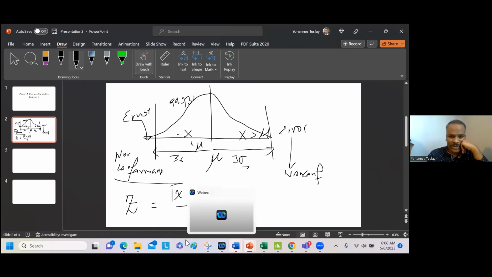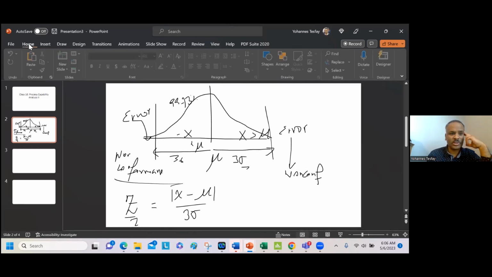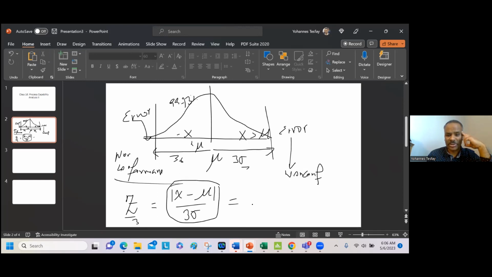So when you divide this z-score by 3, both sides, then this metric is what? CPK, isn't it?